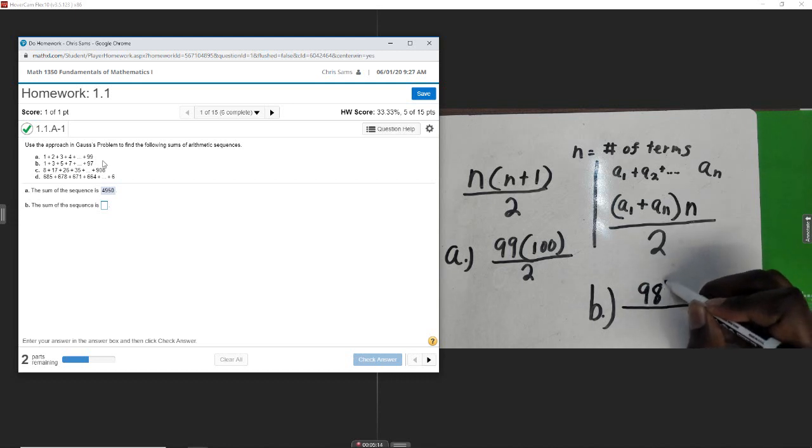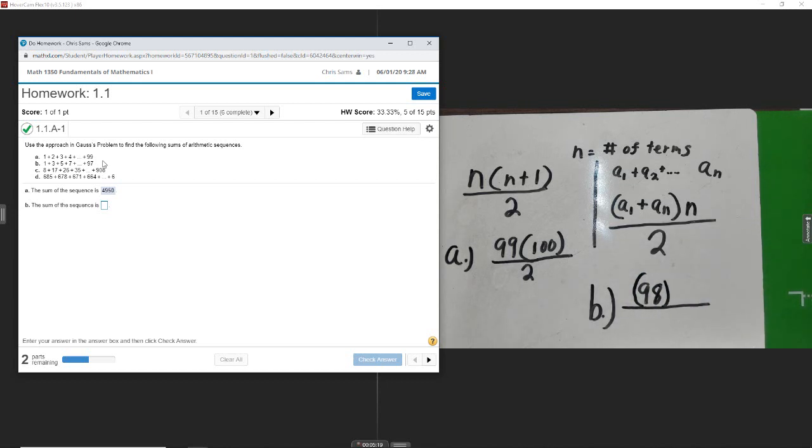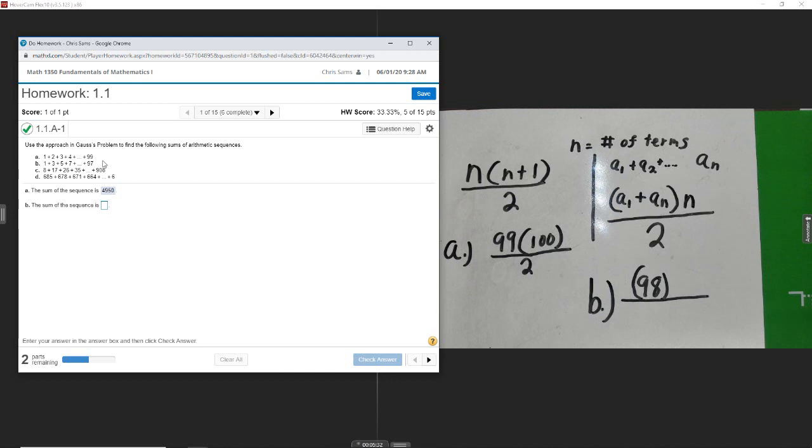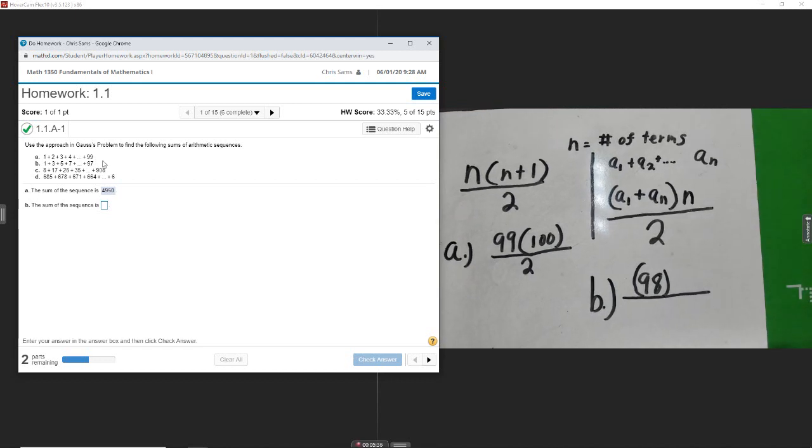And then we have to multiply by n. How many terms do we have? Well, I don't want to sit there and count all those terms. So I'm going to try to show you two ways to find out how many terms you have. One, I was just kind of tinkering and I found out it works, and then I was trying to find an easier way to do it.